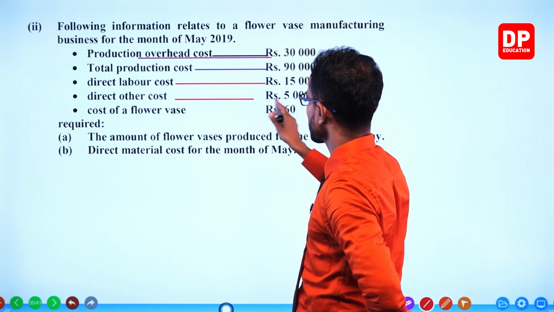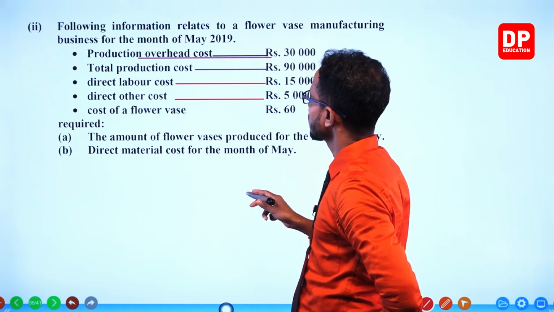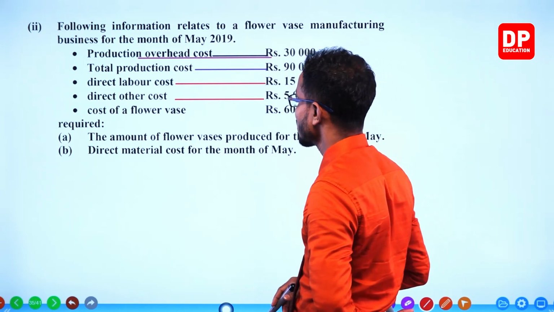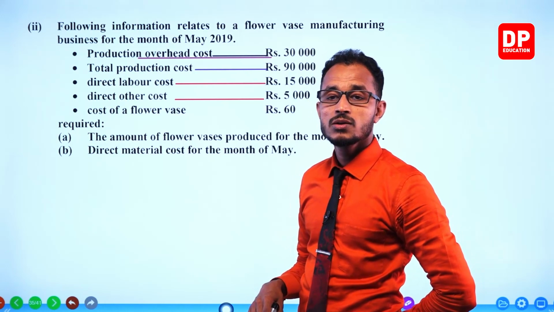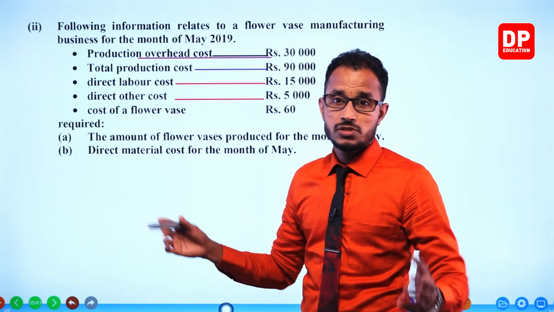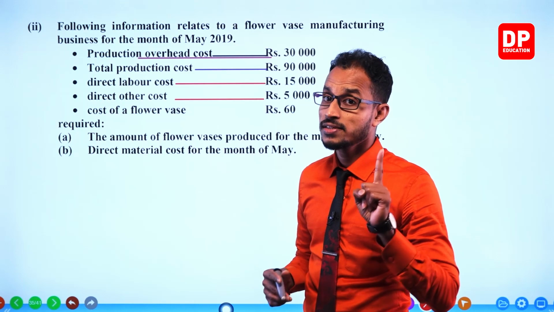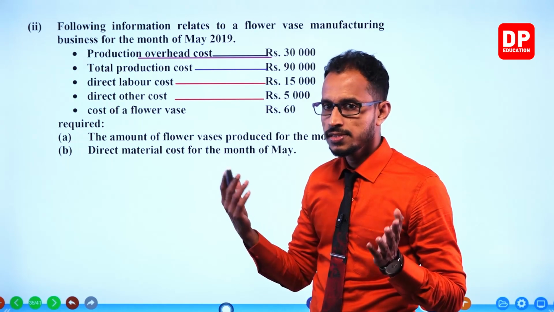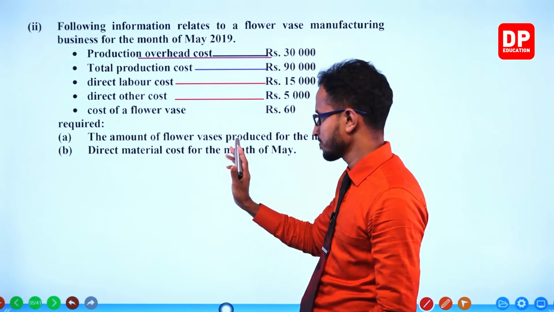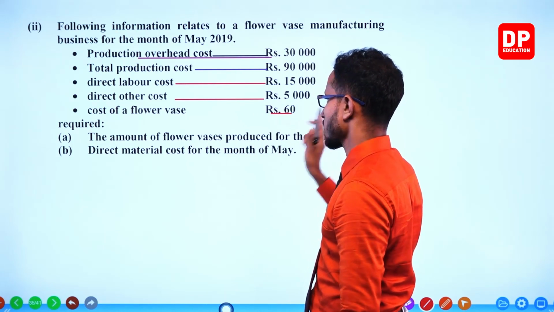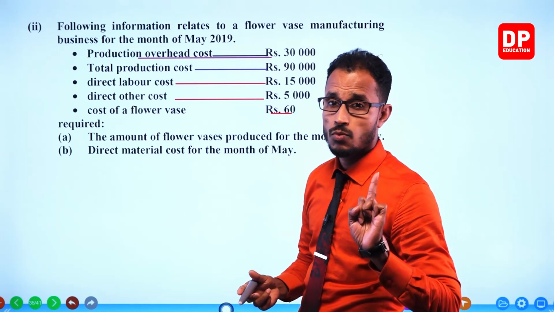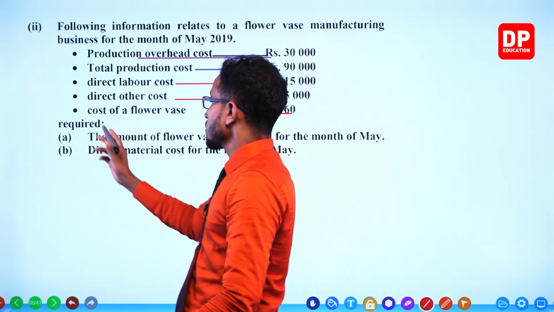Direct other costs are also given. And the cost of a flower vase, the cost of one, which means that is the unit cost. 60 to produce one unit, one flower vase. Required.